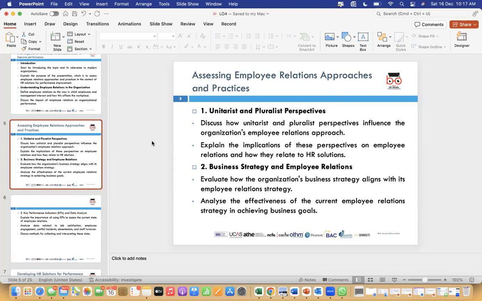So I'm going to discuss how assessing employee relations approach and practices is going to make an impact. So, the unitarist and pluralist perspective. Does anyone know what the unitarist perspective is? Okay, I'm going to take that as a no. It's basically a perspective on employment, okay?